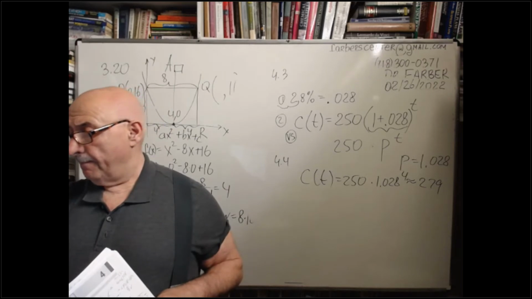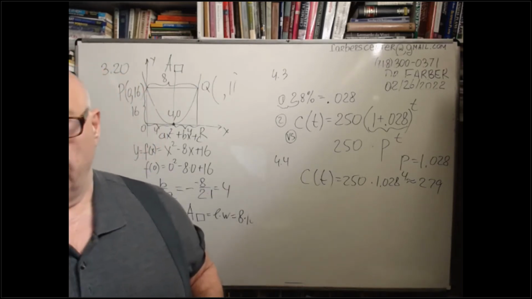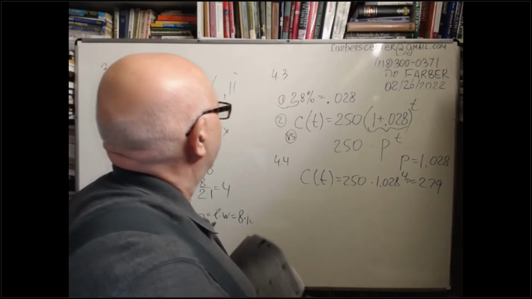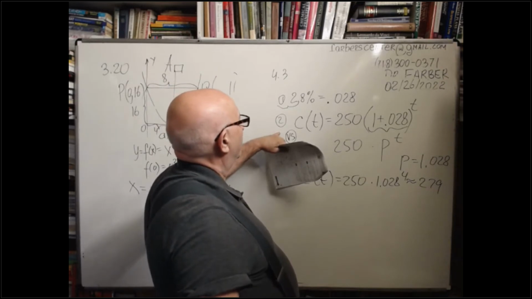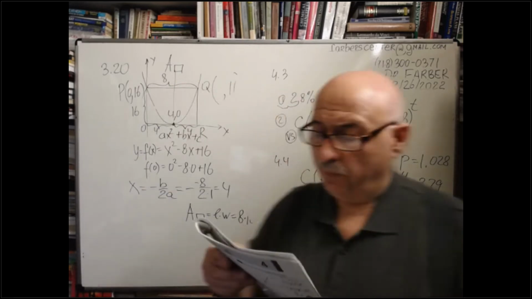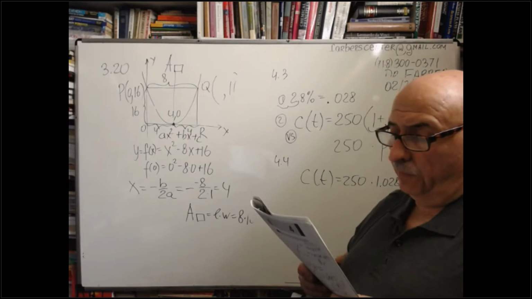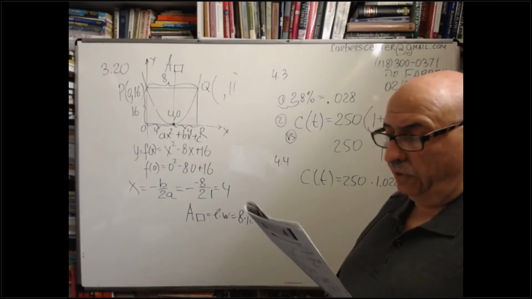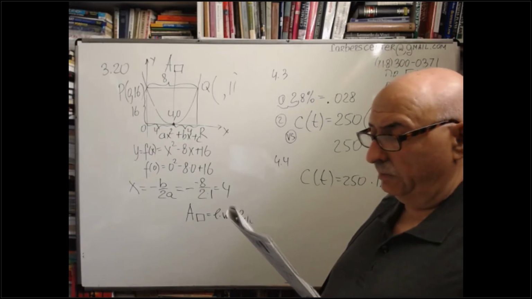I have a question. Yes. Can you do the second step in 4.3 again? This one? Yeah, why did you add 1 plus 0.028? Look at this. Let me read this again. The cost of maintenance increases each year by 2.8%.